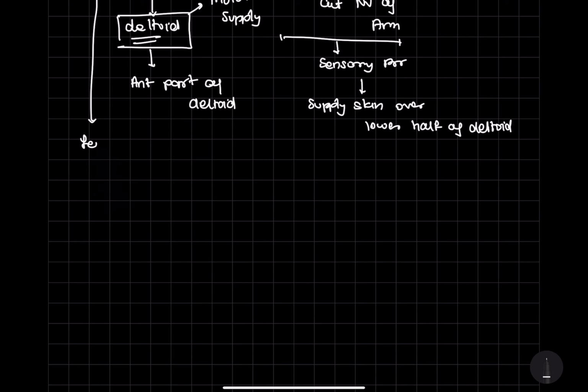For the sensory supply, a few branches which innervate the skin overlying the deltoid. So this is the sensory part.